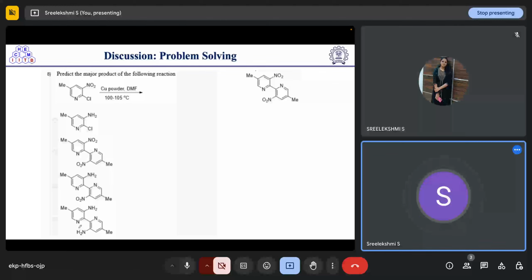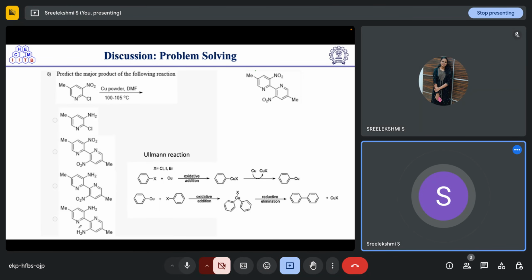So here, this is also another example of a coupling reaction where we have already seen this Ullmann reaction. So this is an intermolecular coupling reaction between two molecules of this pyridine derivative. So first, oxidative addition will be giving this particular species, Cu, like this maybe we can say, and then with the second molecule it will be forming this type of intermediate, and this homocoupling will be taking place.